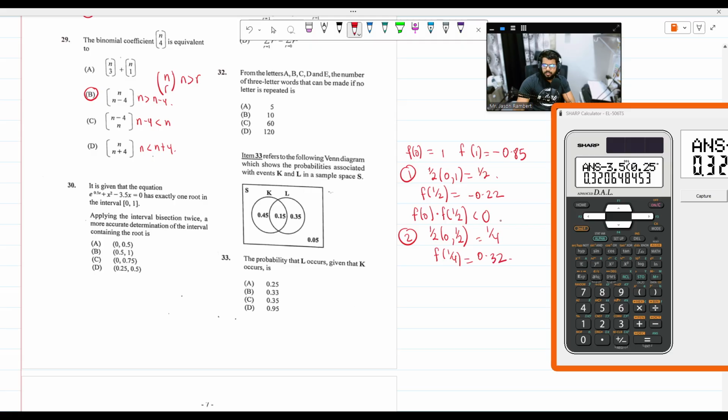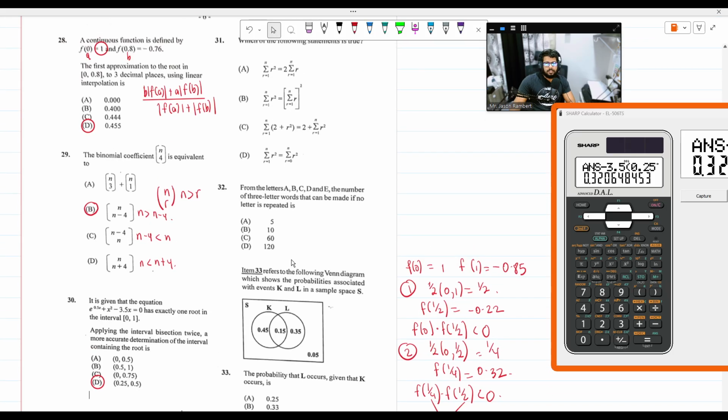So that means our root lies between a half and a quarter. f of a quarter by f of a half is less than 0. So the interval is between a quarter and a half. The answer is D.